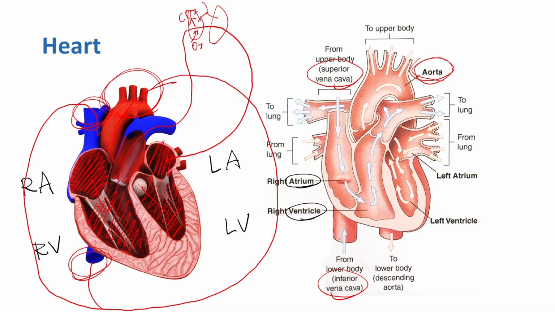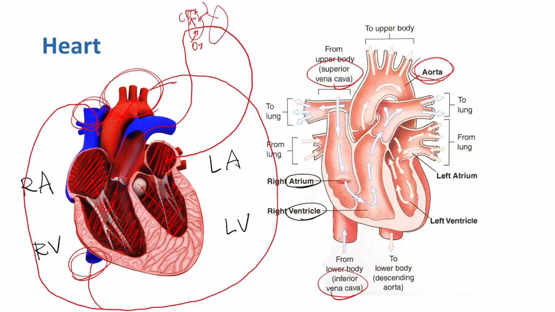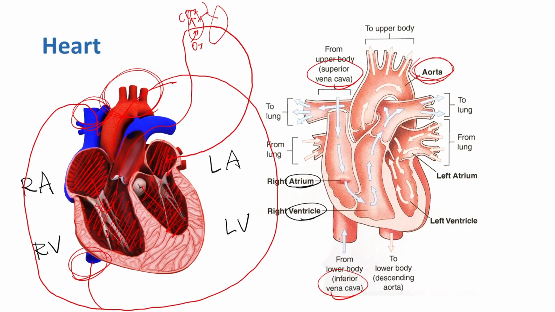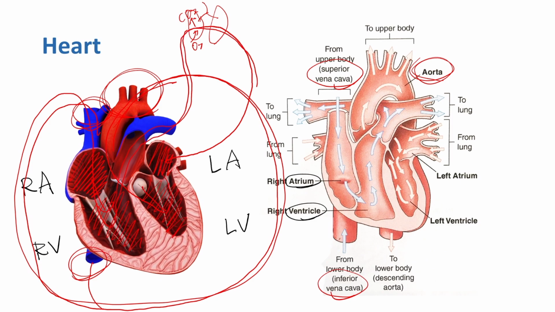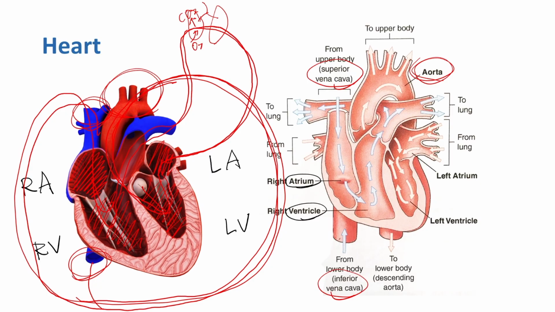From left atrium, the blood is then pumped into left ventricle and then pumped out to the body and goes back to the right atrium and then to right ventricle and then pumped to the lung and then pumped back to left atrium and left ventricle and then to the body. So this is the circulation of your blood.